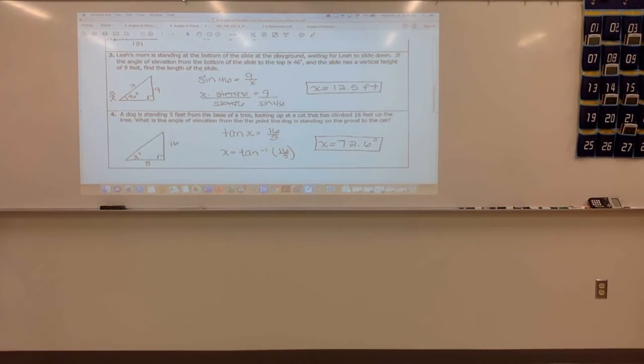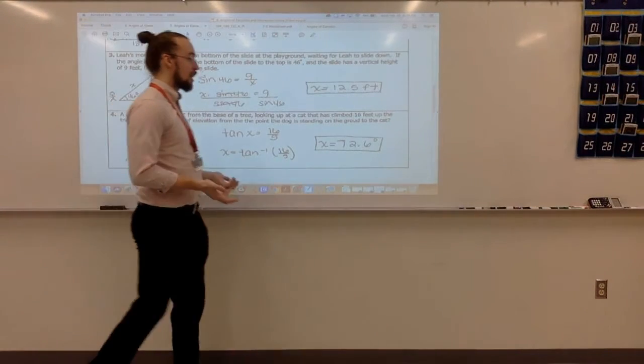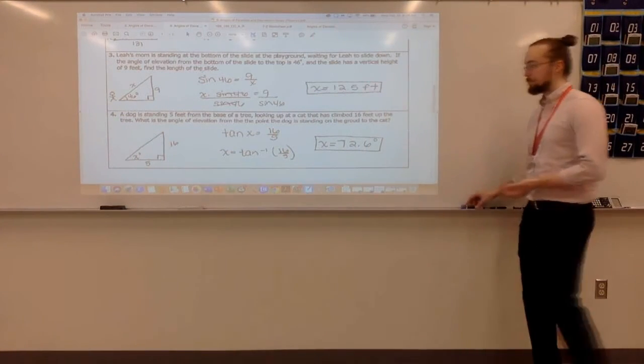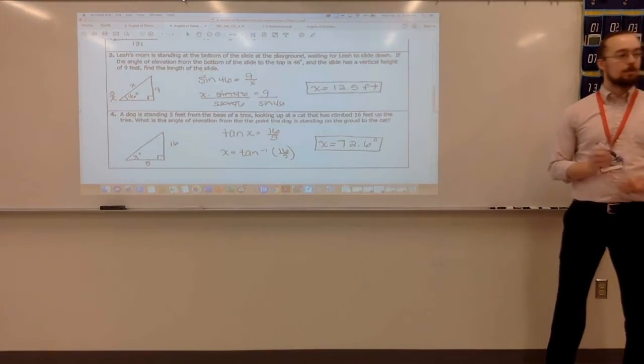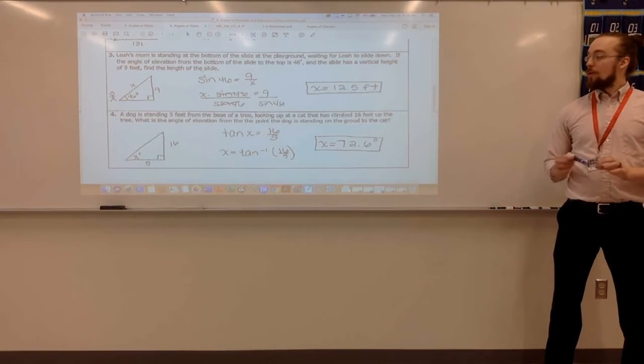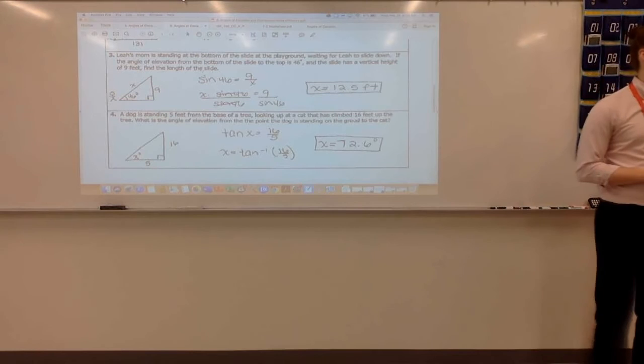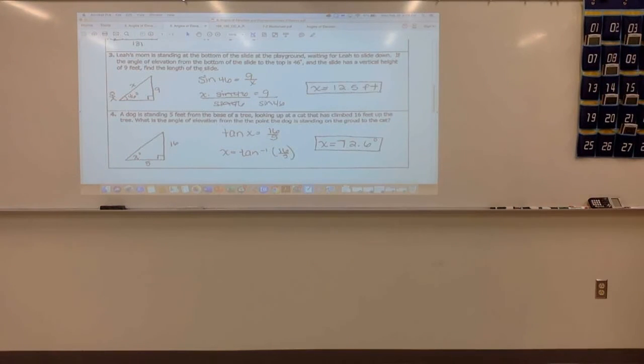All right. We should have gotten 12.5 feet for number 3. And then number 4, we were solving for the angle. So 72.6 degrees for this one. What questions do we have?